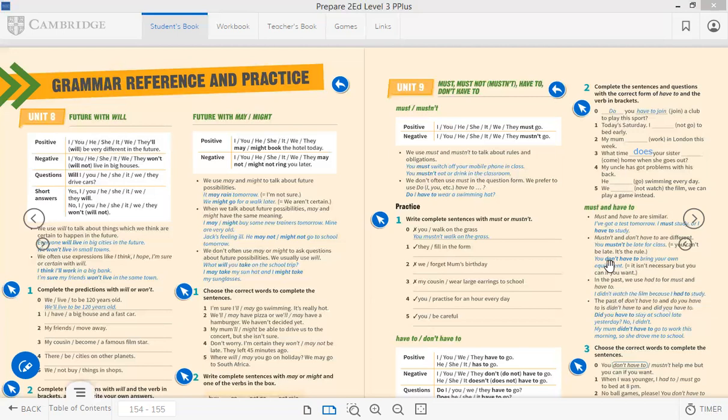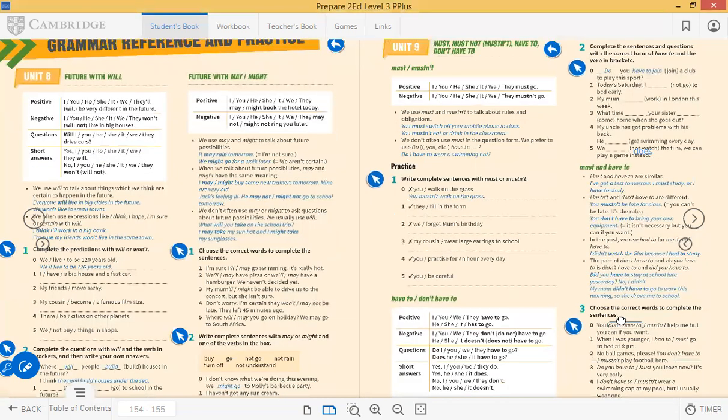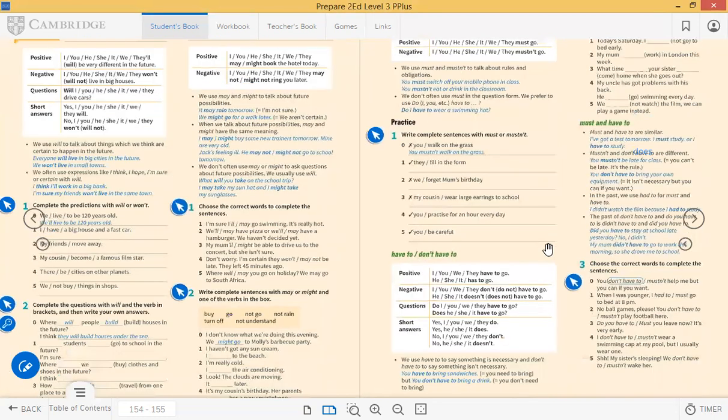Must and have to are very similar. So here is another grammar explanation. The grammar is telling us that we can also use this in the past. What is the past of do?